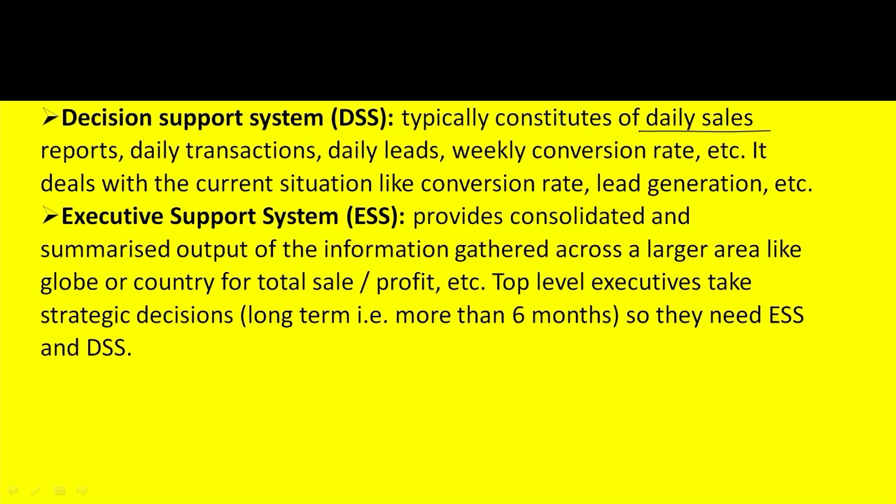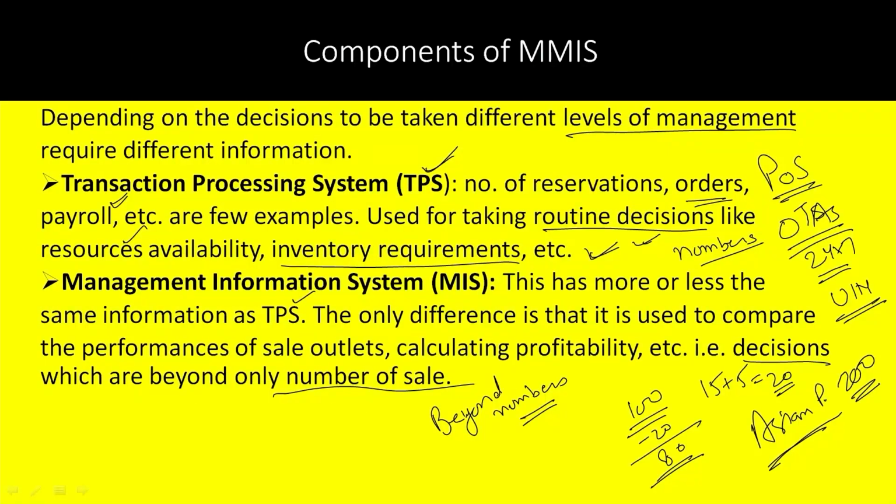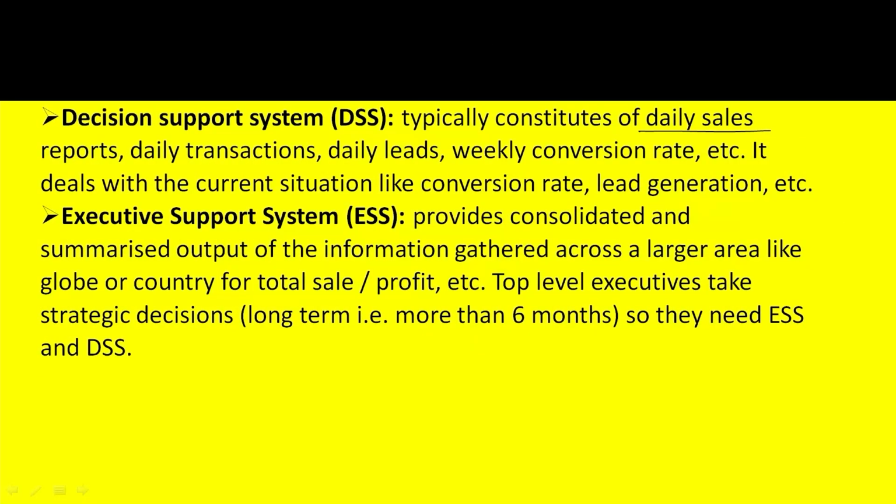You must be thinking that this is also talking about more or less the same thing as in TPS, but here we are talking about conversion rate. Out of the total leads which were there, how many could be converted? That percentage clearly talks about the efficiency of the sales team of that particular sales outlet.